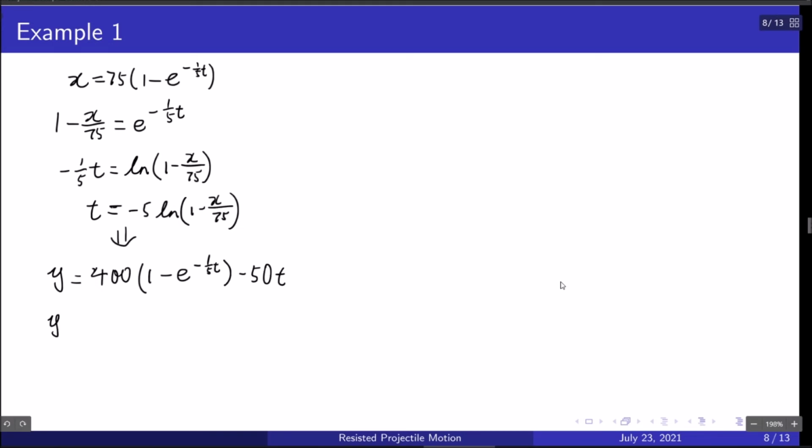So it becomes y equals 400(1 − e^(−1/5 × −5 log(1 − x/75))) − 50 × (−5 log(1 − x/75)).